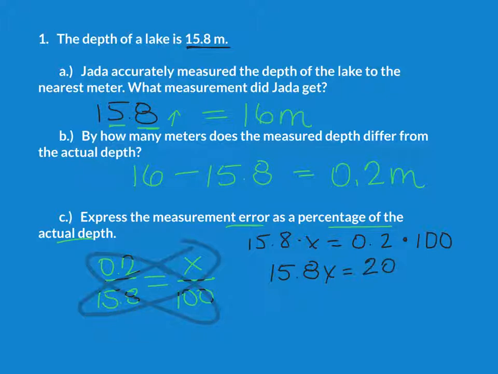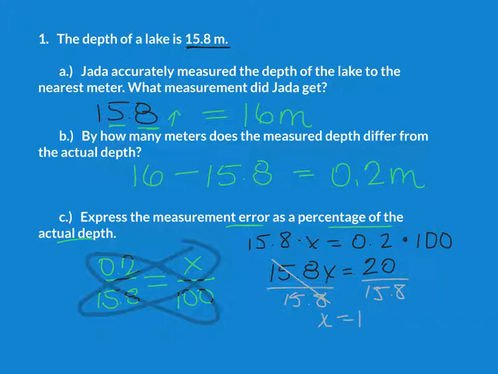The opposite of multiplying times 15.8 is, of course, dividing both sides by 15.8. These two cancel. I'm left with x equals, of course, you want to use your calculator, 20 divided by 15.8.